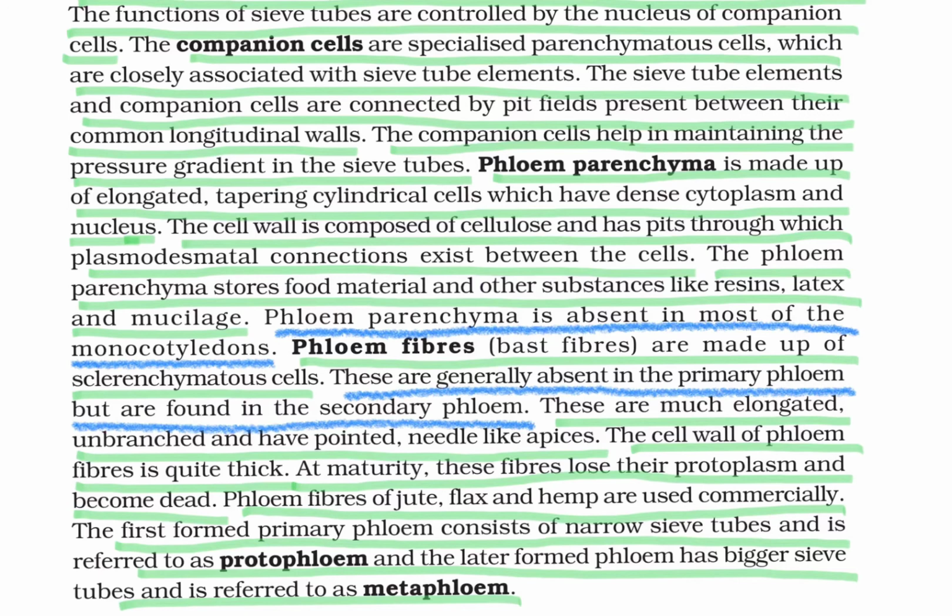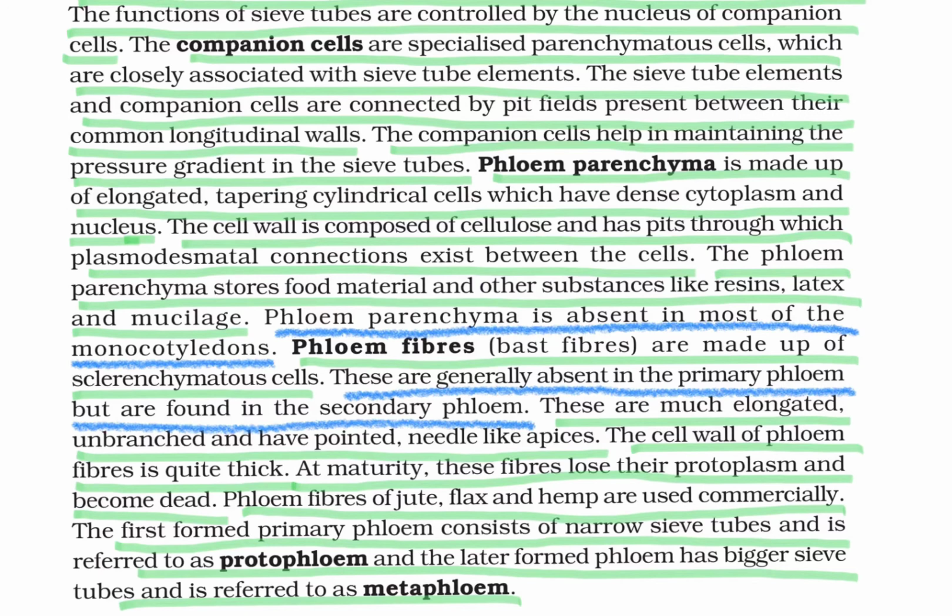It has pits through which plasmodesmatal connections exist between the cells. The phloem parenchyma function is to store food material and other substances like resins, latex, and mucilage. Phloem parenchyma is actually absent in most monocot plants. This you have to remember.